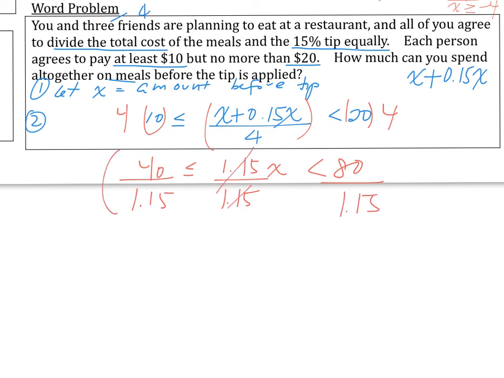So if we take 40 divided by 1.15, you should get 34.78. And 80 divided by 1.15, you should get 69.57.